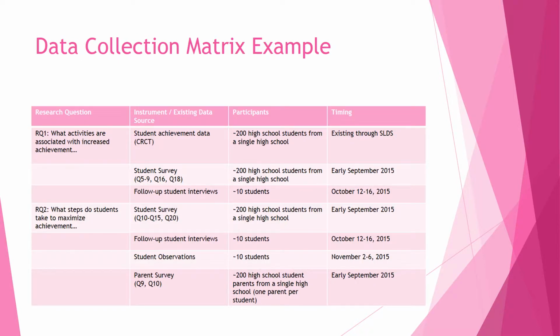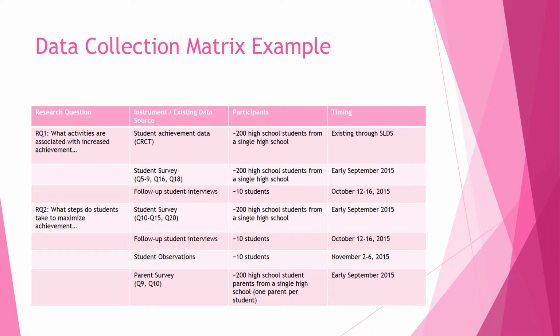So here's an example of a data collection matrix. The first three columns are essential. The last column is very useful, however, for thinking about a timeline. The point of the matrix is to organize your thoughts around the particular evaluation questions that you want to answer through the study. What data are you going to use to answer each research question?